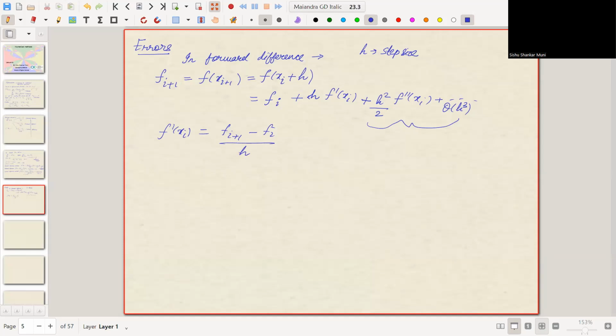But there will be some other terms, so there will be some errors. Those errors we are calling a truncation error, because we are truncating our Taylor series, and due to that truncation, error is coming out. Therefore, it is known as a truncation error.